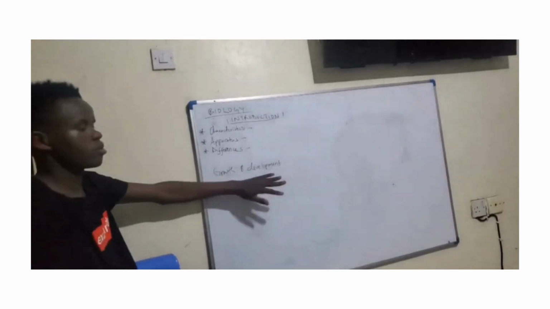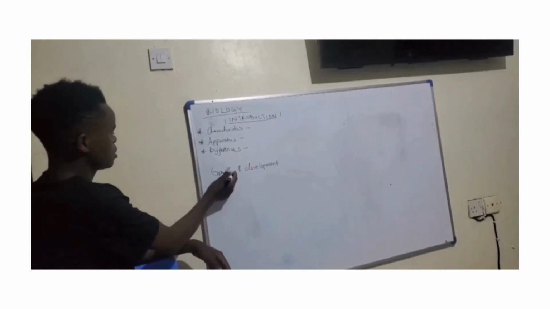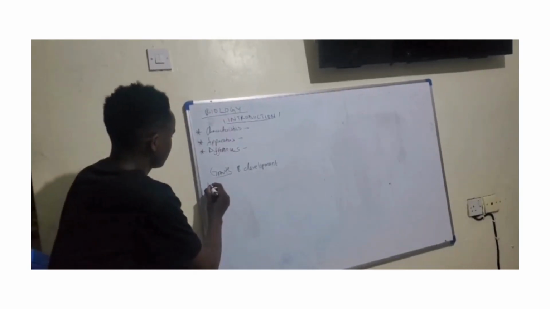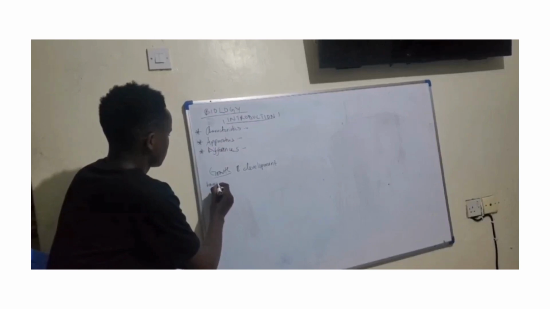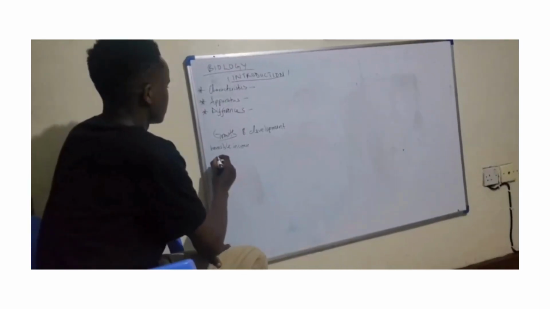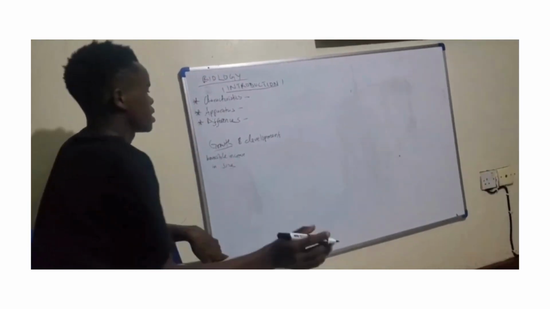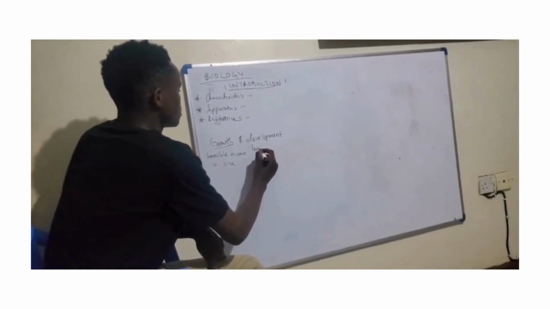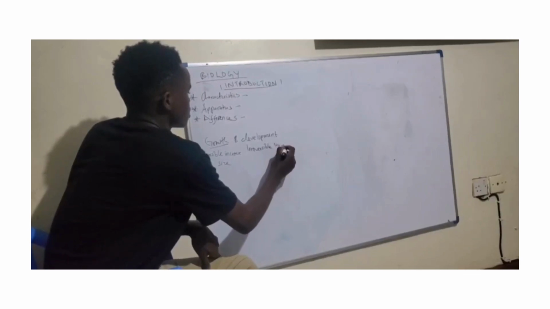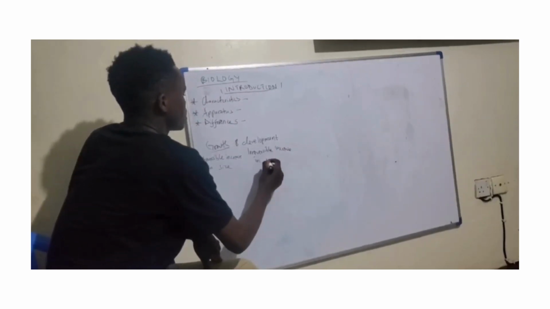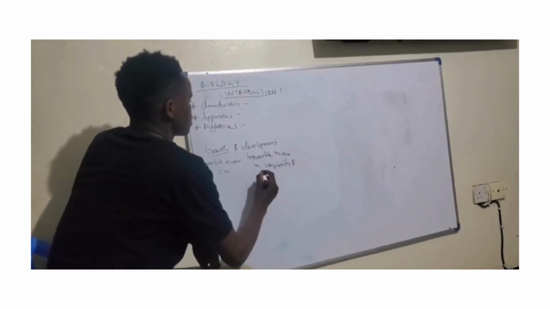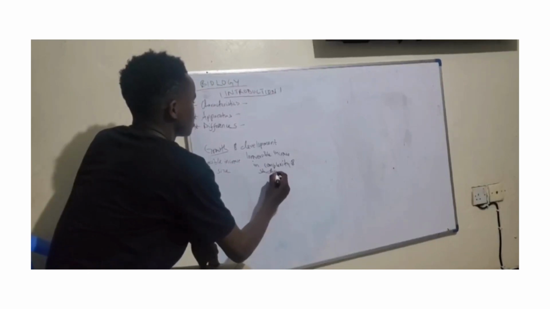When we talk of growth and development, there are two different things. Growth is the irreversible increase in size, whereas development is the irreversible increase in complexity and structure of an organism.